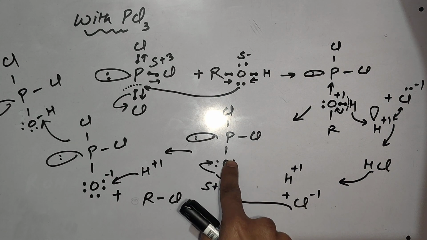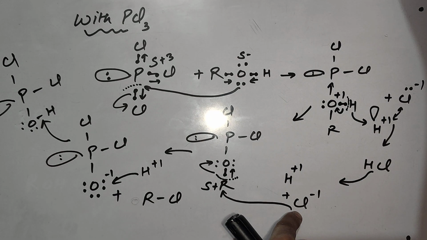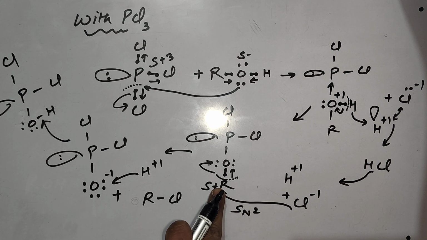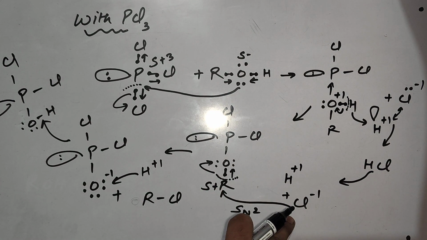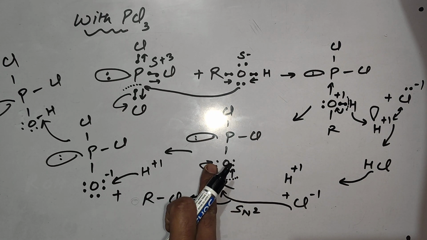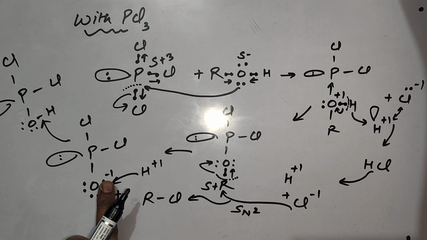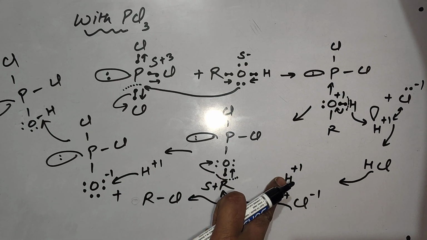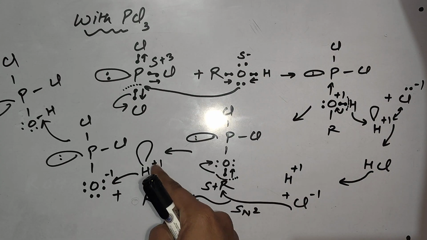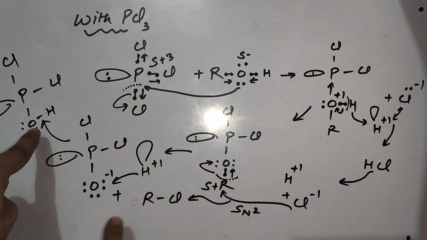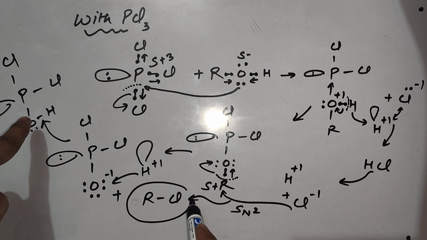Now here, oxygen is more electronegative than R, so Cl negative will attack from the backside, which we call SN2 mechanism. On the carbon part, the bond between R and O will break, electrons will shift toward oxygen, R will be released as a positive particle, and with Cl negative there, they will generate RCl. Now oxygen will carry a third pair, due to which oxygen has a complete negative charge, which will be stabilized by this H positive, which has a vacant orbital. So OH will be generated. This was our main product which we want, RCl.